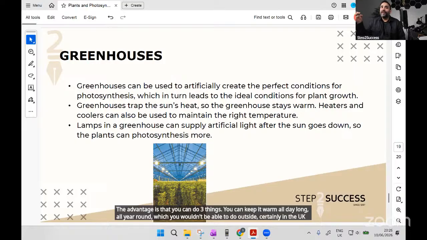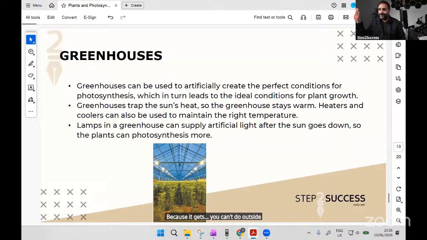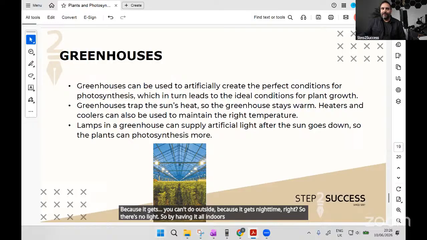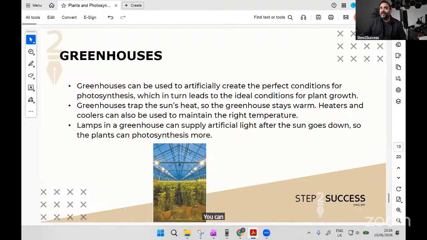You can keep it bright all year round, all day long, which you can't do outside because it gets nighttime. So by having it indoors in a greenhouse, you can turn the lights on at night and keep the light intensity high all the time. You can keep the temperature right all the time. And you can also keep the amount of carbon dioxide high all the time inside.